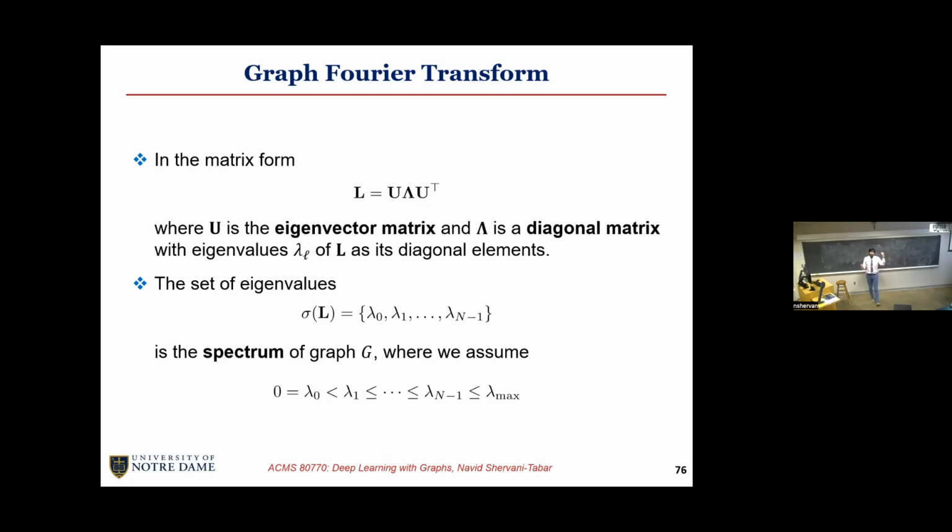So the element 1,1 is associated with the first vector, the first column of the matrix U, and so on and so forth, right? And the set of these eigenvalues, we call the spectrum of the graph.